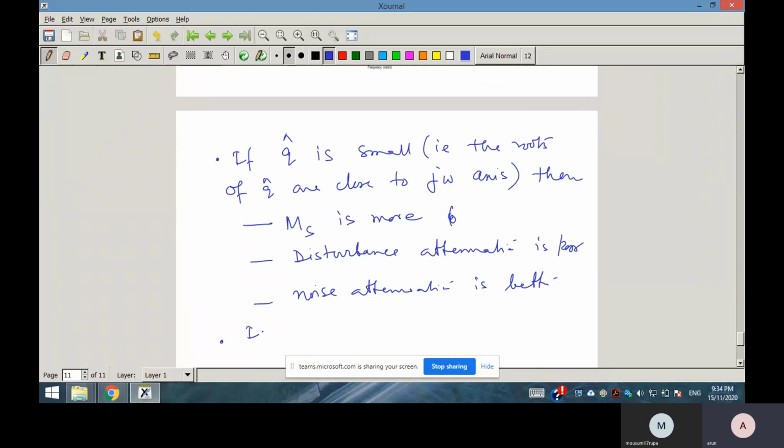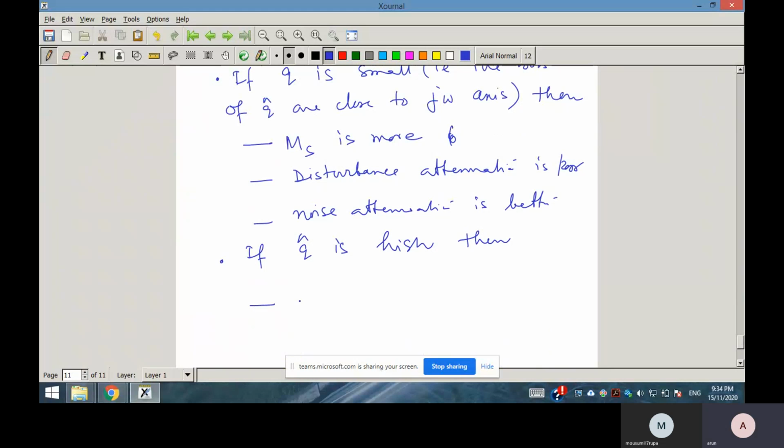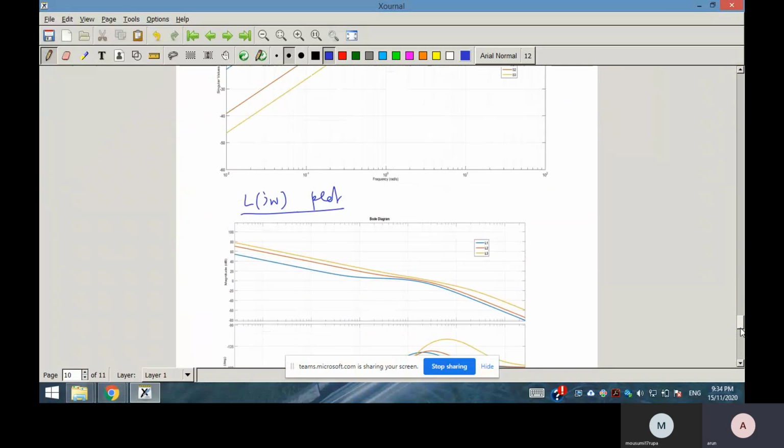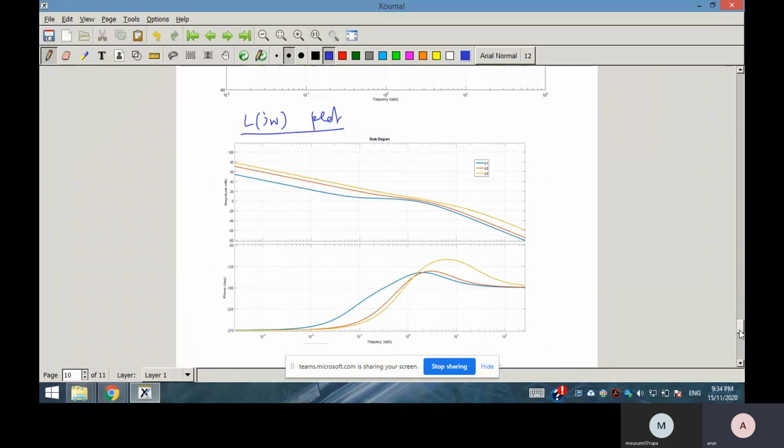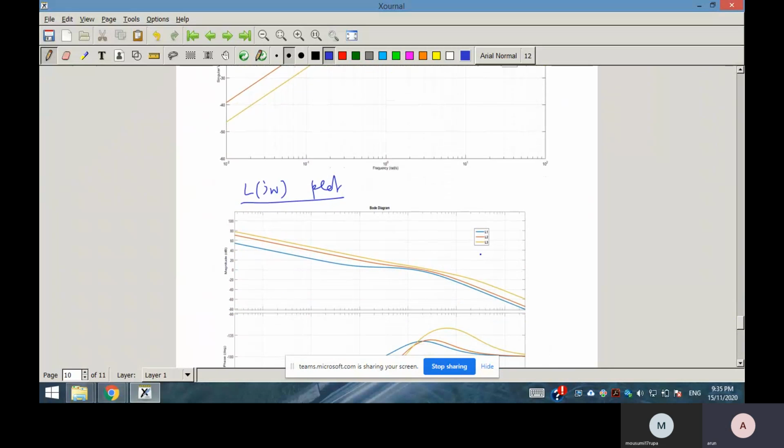So now if Q hat is high, meaning roots of Q hat are away from the imaginary axis, then what is the observation? The observation is, you can see MS is less, that you can see from the figure. MS is here less, and then L(j omega) has high gain compared to the others at low frequency.